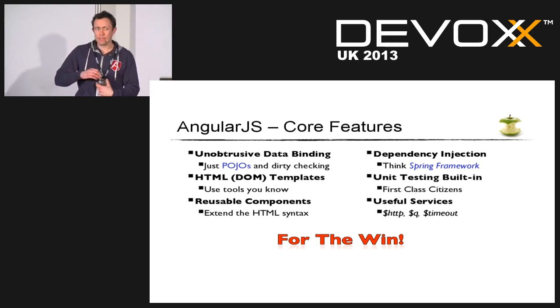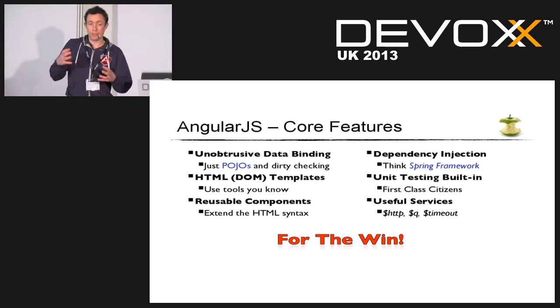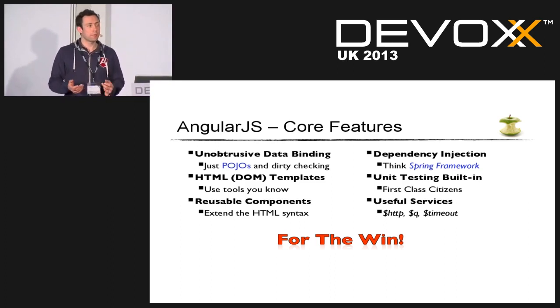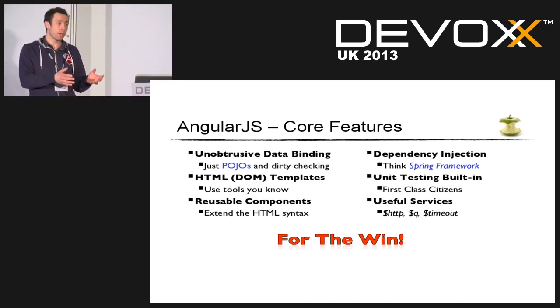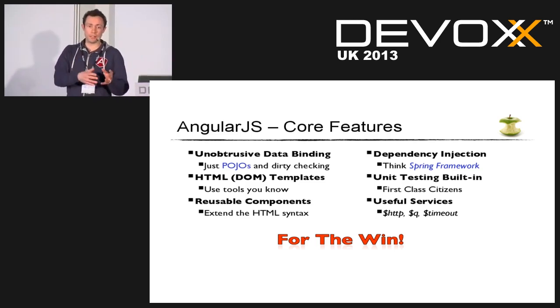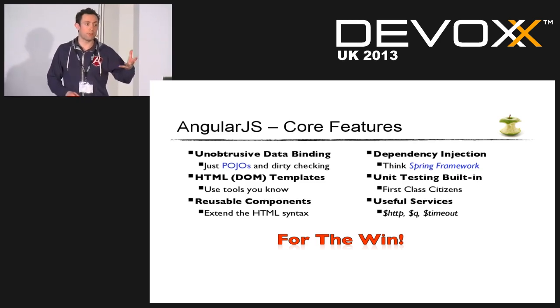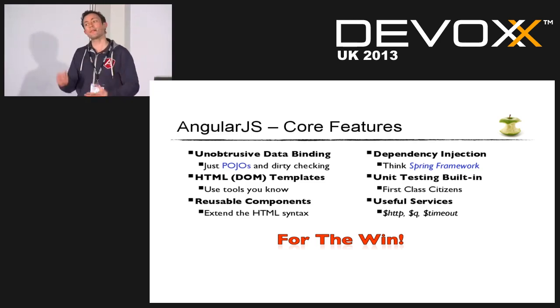One thing that they do, again, which is very dissimilar to many of the other frameworks, is they use the DOM as the template. So some frameworks use a string-based templating system, and the framework parses the strings and converts it to HTML. Some use JavaScript, so that you create a JavaScript object model and it converts it to HTML.